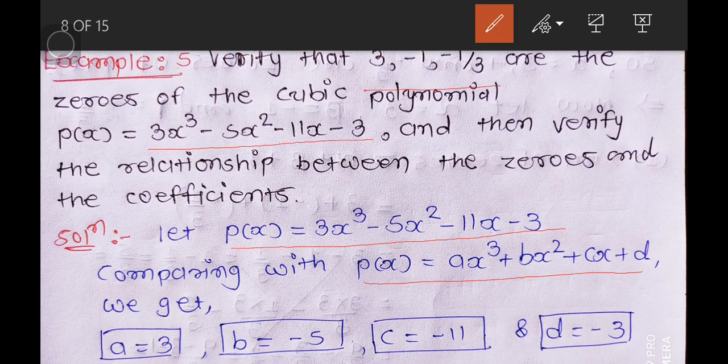Then we get a is equal to 3, b is equal to minus 5, c is equal to minus 11, and d is equal to minus 3. So whenever you compare with the standard form, you also have to look at the sign of each term.